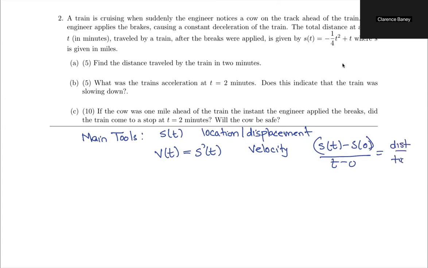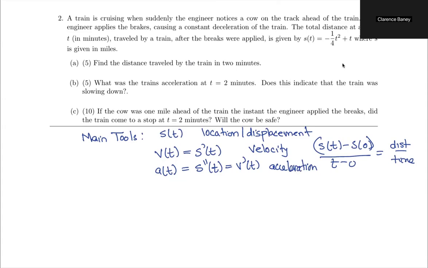When you have distance divided by time, that's a speed. And then the acceleration is how quickly things are changing in what direction. So that's the second derivative of s of t, which is equal to the derivative of the velocity.